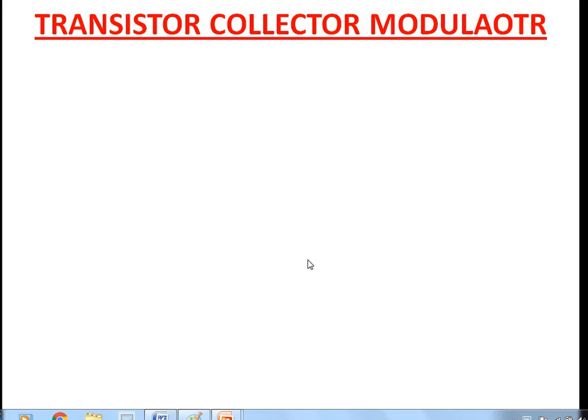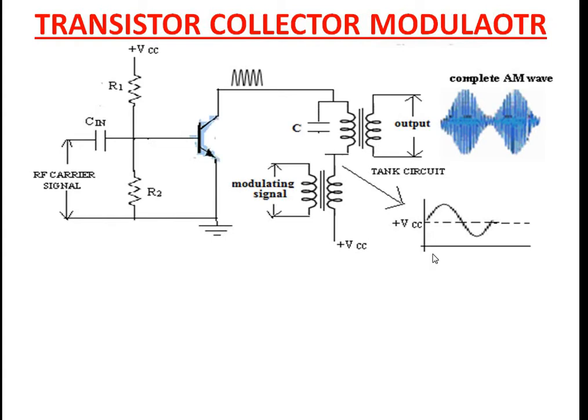Today I'm going to explain the transistor collector AM modulator. This circuit consists of a class C power amplifier, a transformer and a tank circuit.